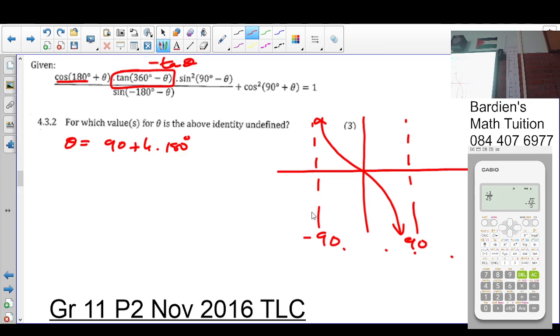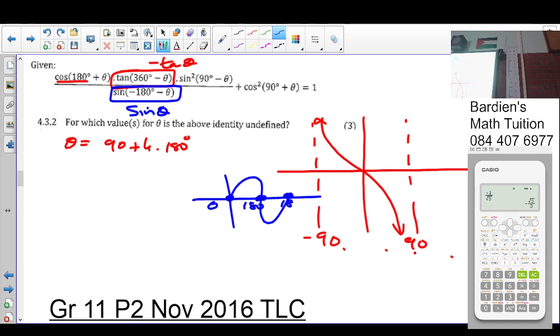Then, where else would this be undefined? It is when the denominator is equal to 0. The denominator in simpler terms would be 180 minus the sine of theta, no? So when I draw the sine of x graph, where is sine of x 0? At 0, 180, 360, not so.